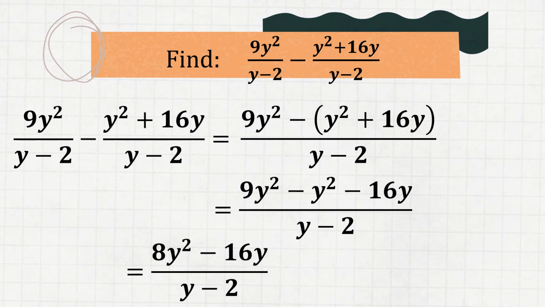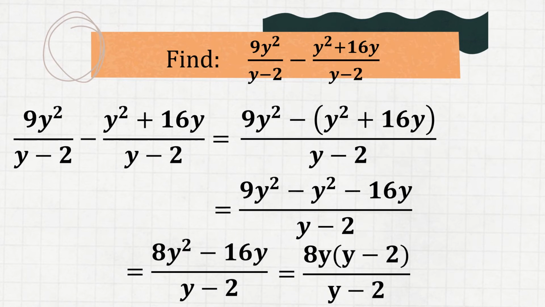Then, factorable ba yung numerator? So, pwede nating kunin dyan yung GCF ng 8y squared and 16y. So, yung GCF niya is 8y. So, i-divide natin yung 8y doon sa numerator para makuha natin yung nakalagay doon sa parentheses.